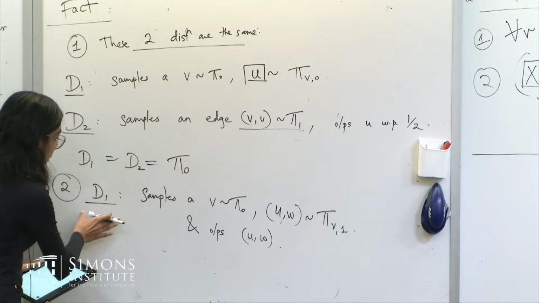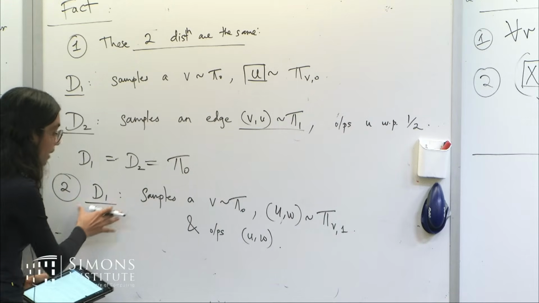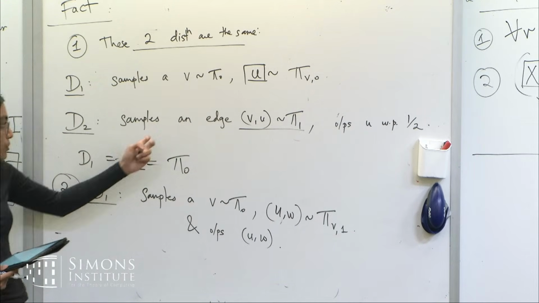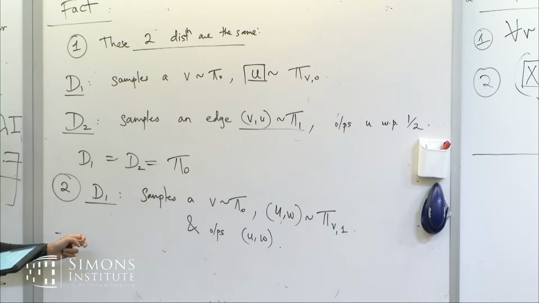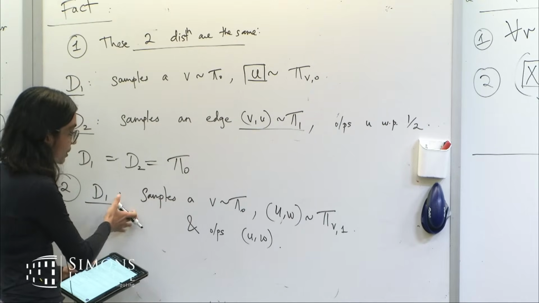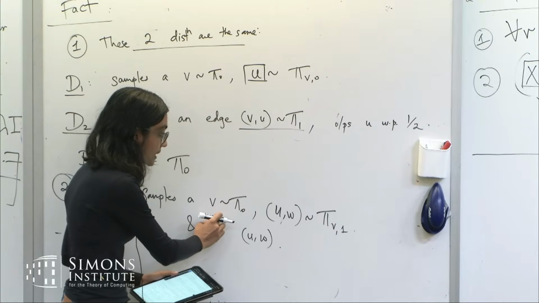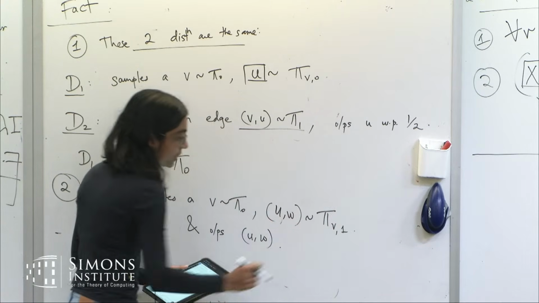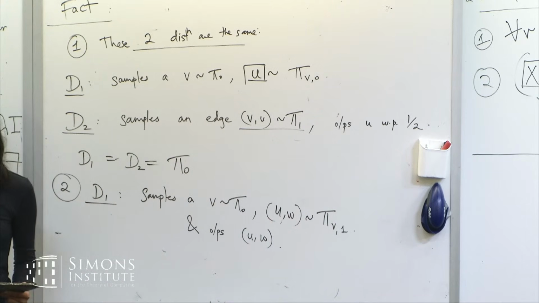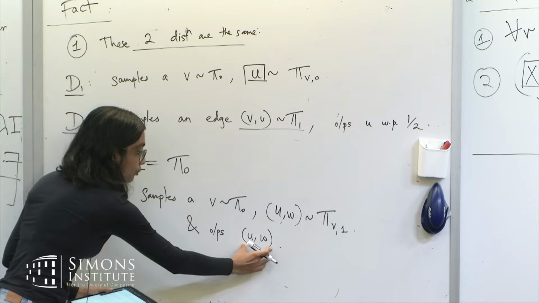There are two ways to sample a random vertex, and we can have two ways to sample a random edge. The first way is more complicated: it samples a random vertex, samples an edge in the link of the vertex, and then outputs that edge.